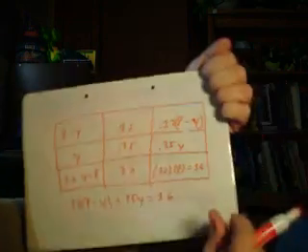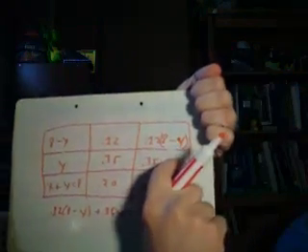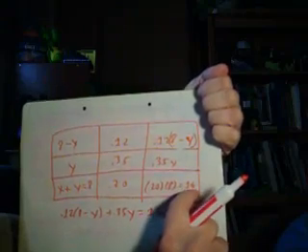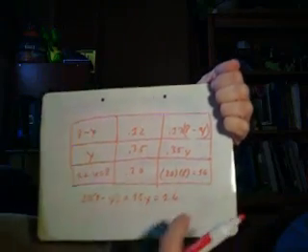We're going to add this and this together, and we're going to come up with that 1.6, which is right here.